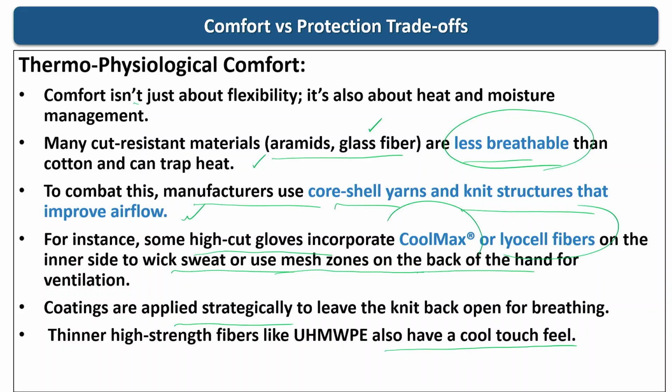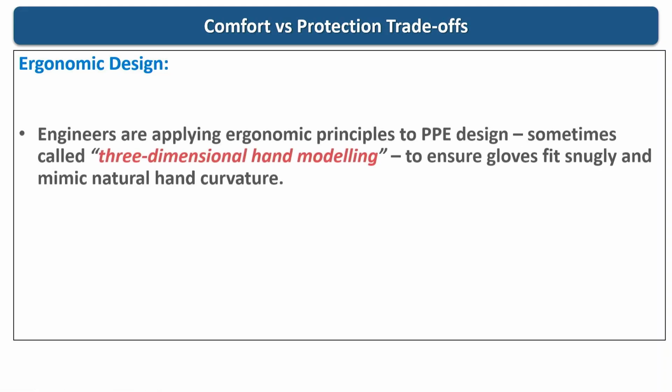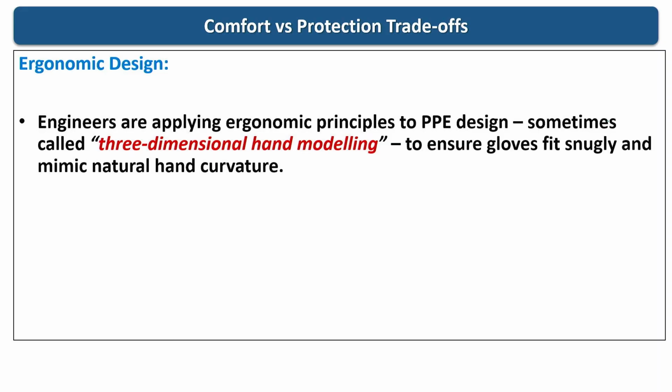So, to create the cut resistant fabric with better comfort characteristics, thermophysiological comfort or the sensorial comfort, we must take action, we have to consider all these properties, and also ergonomic design we have to consider here.